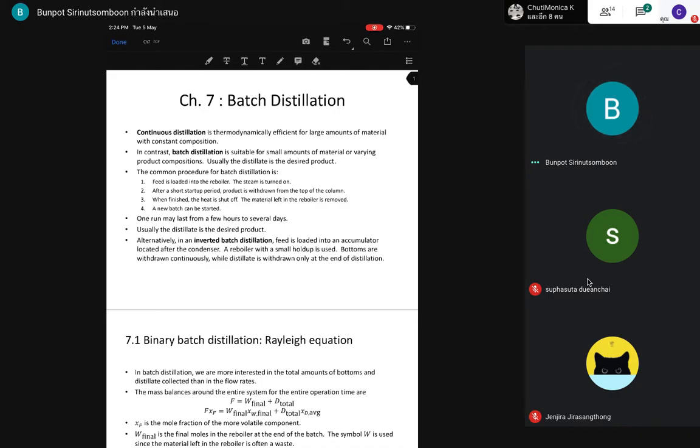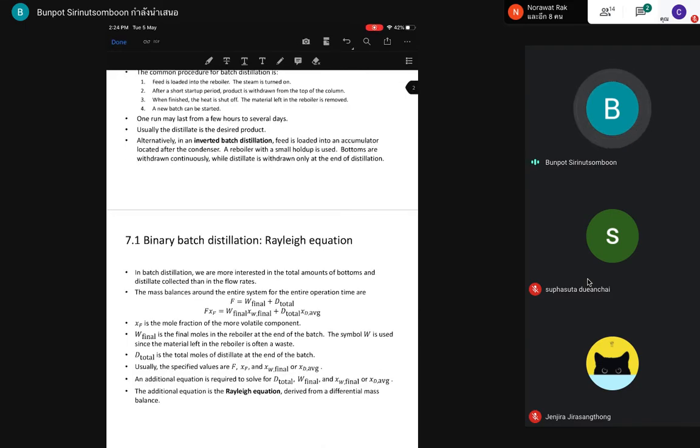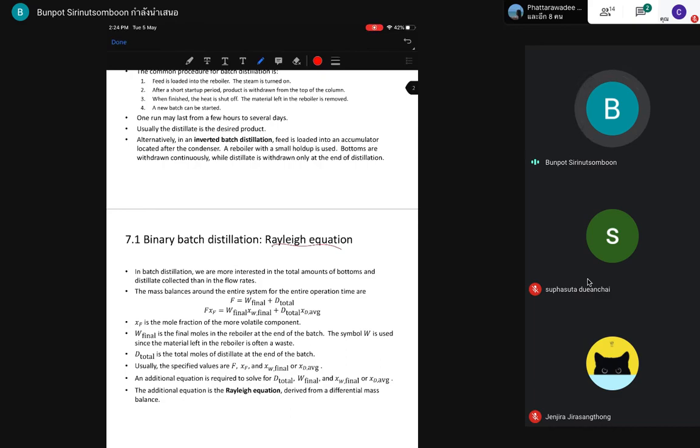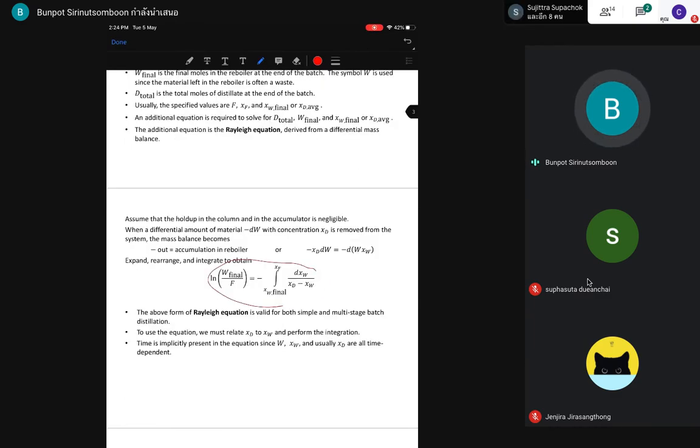To do batch distillation, we use something called the Rayleigh equation. The Rayleigh equation is used to solve for batch distillation, in this form right here. You have to use this form because these variables depend on time.